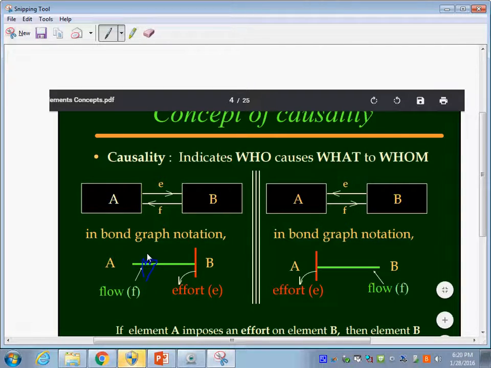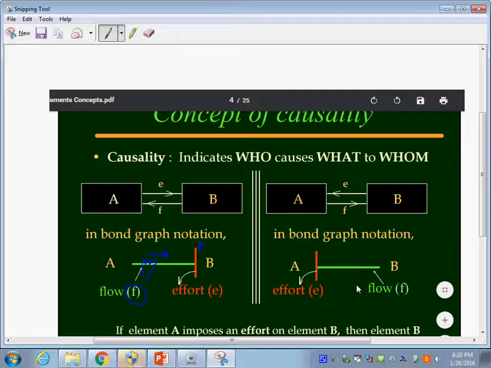And if you press it to the right, this is like a little piston that you are holding and pressing. You see, this is the effort right there. So the effort goes from A to B, but the flow, which is the green line, goes from B to A. The opposite is true here too.